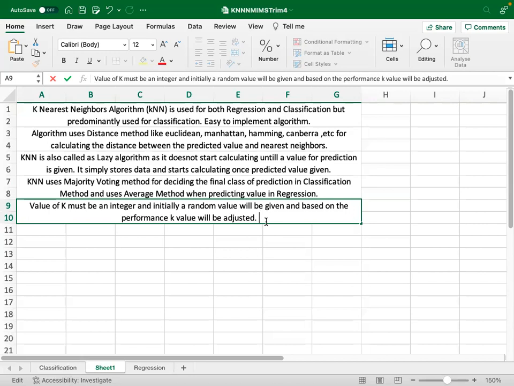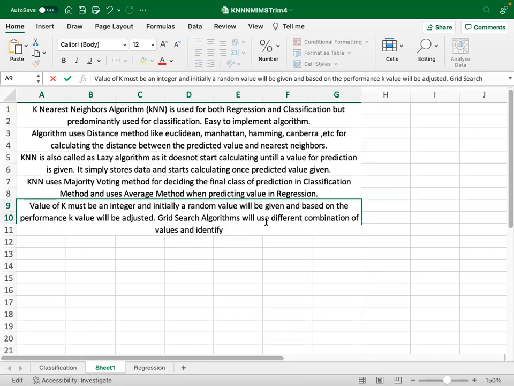So for this K, generally what we do is, we use grid search algorithms. These are now available. Grid search algorithms will use different combinations of values and identify the best fit model.